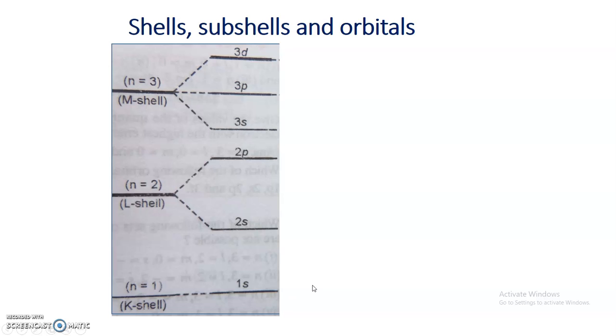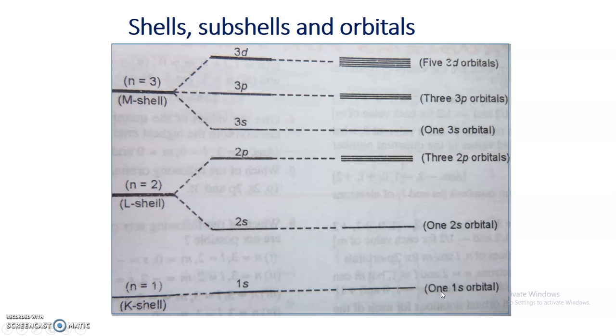In a subshell there are orbitals. In the 1s subshell there is only one orbital, that is 1s. In the 2s subshell there is also only one orbital, that is 2s. And in the 2p subshell there are 3 p orbitals, that is 2px, 2py, 2pz.